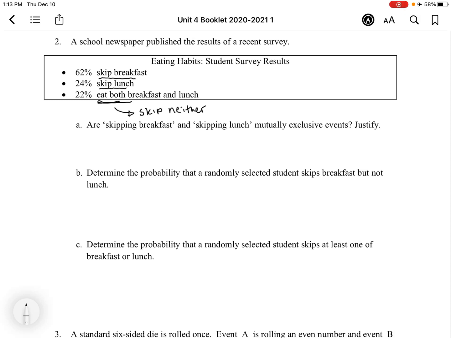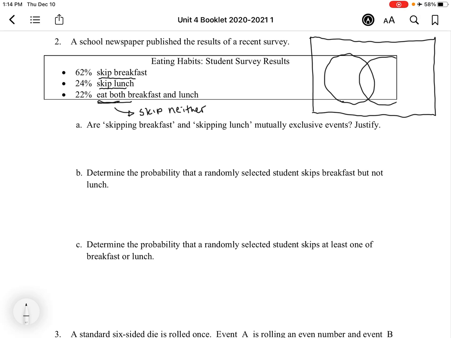Okay. Now, the other thing that's kind of interesting about this one is what's our total here? If the survey results are given to us in terms of percentages, that means that the total in our Venn diagram has to add up to 100. Okay?